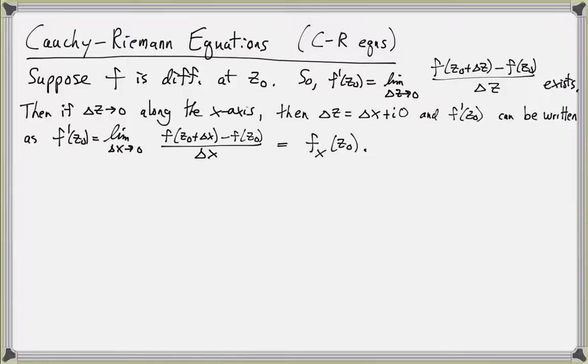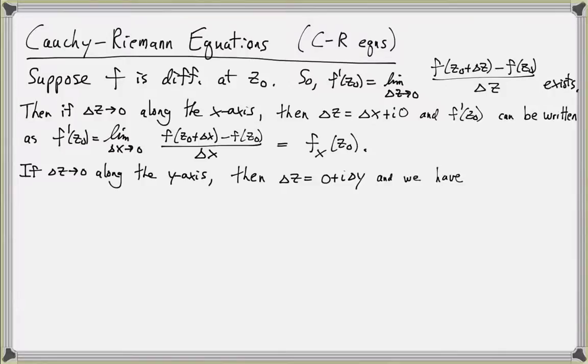Now we're going to let delta z approach 0 along the y-axis. So then delta z will be 0 plus I delta y, and we have again the derivative of f at z0 will now equal the limit as delta y approaches 0 of f of z0 plus I delta y minus f of z0 over I delta y.